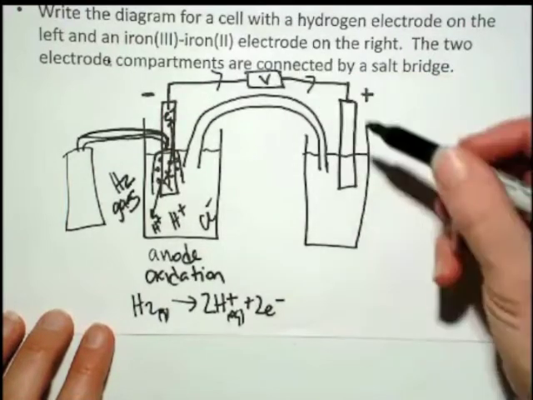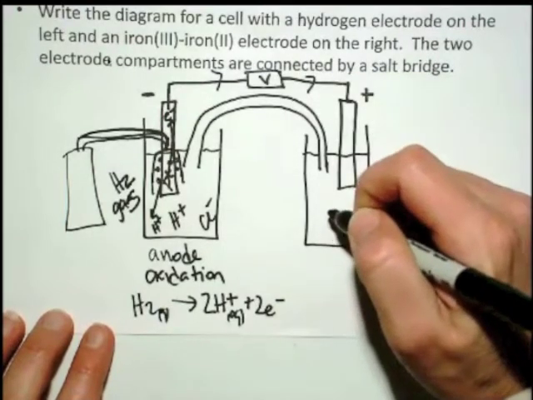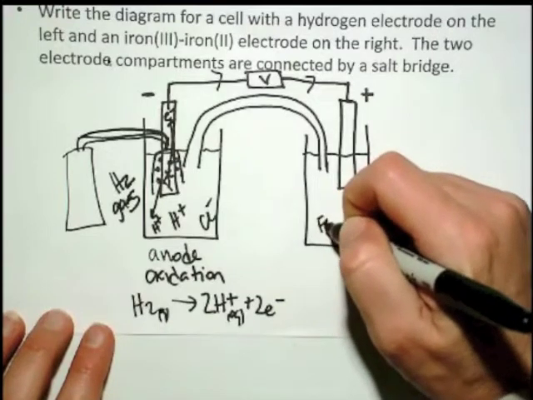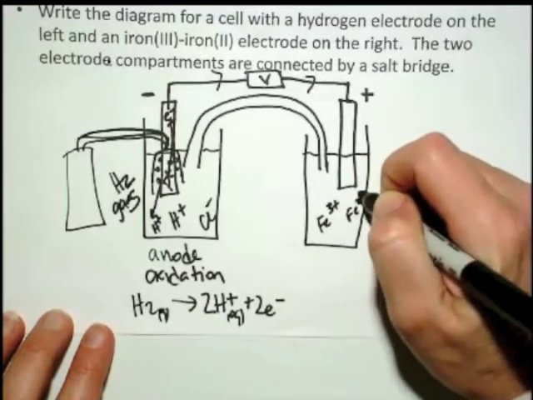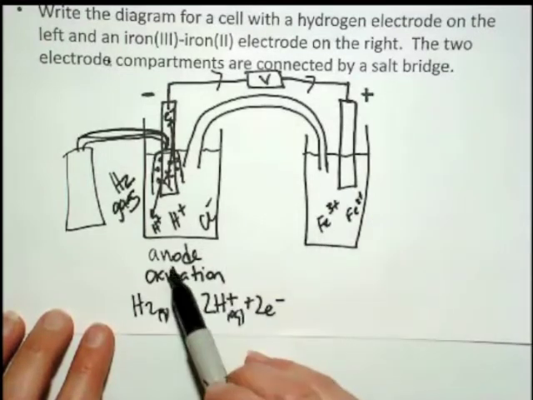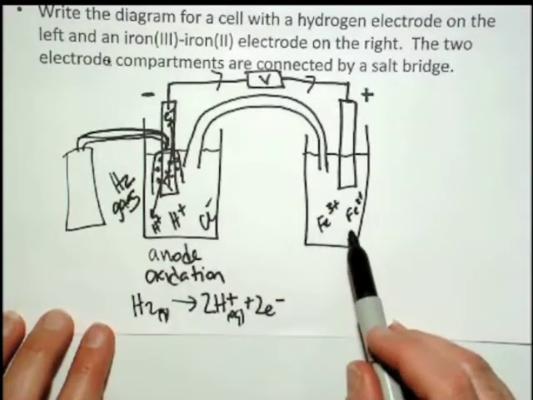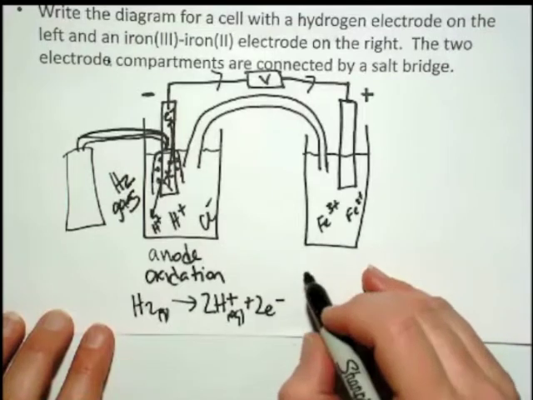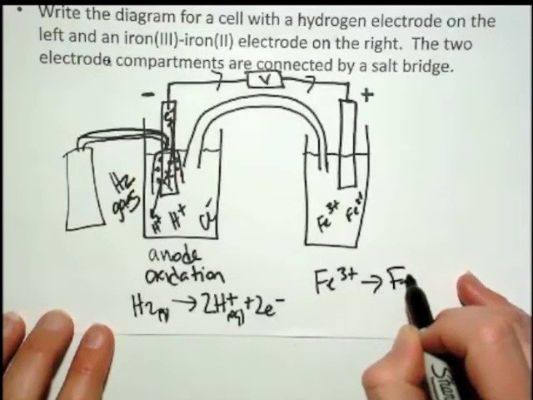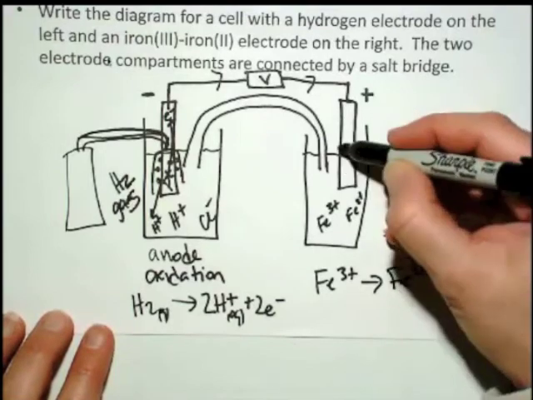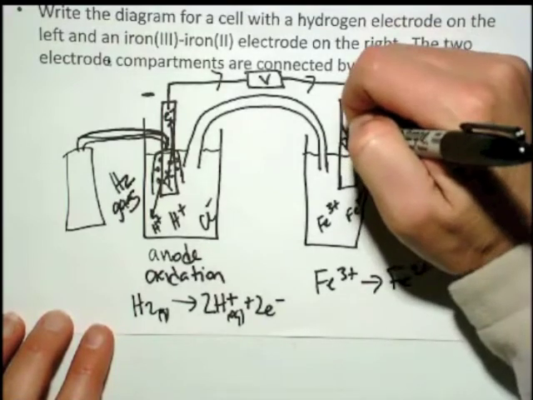What about over here? We have iron 3 and iron 2. Those are both ions, so both are going to be in solution over here. If this is the oxidation, then what's going on over here? We must have reduction. So the iron 3 plus is being reduced to iron 2 plus at the surface of this electrode. Let's make this one platinum also.